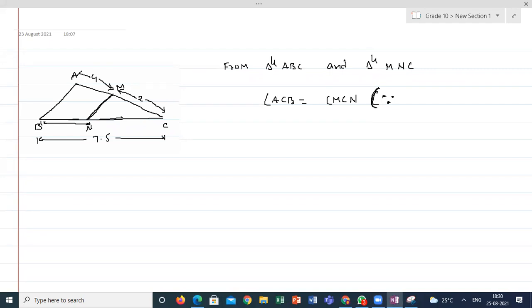How? Why? From the diagram. Please. Why? Durlav, please. Akshita. Angle C is common. Super. Common angle.